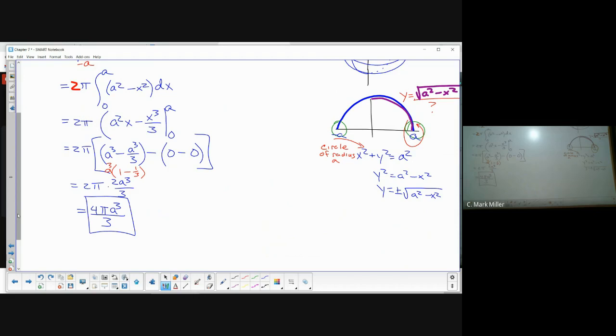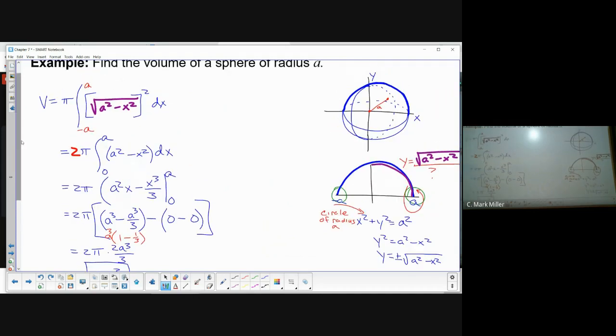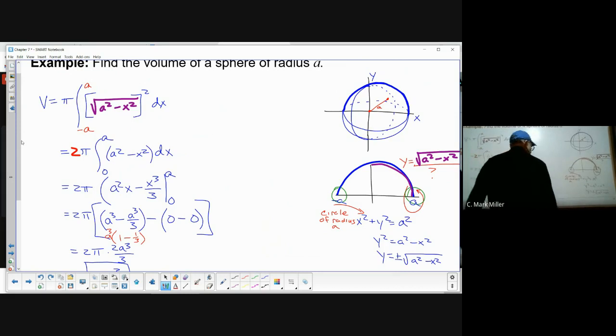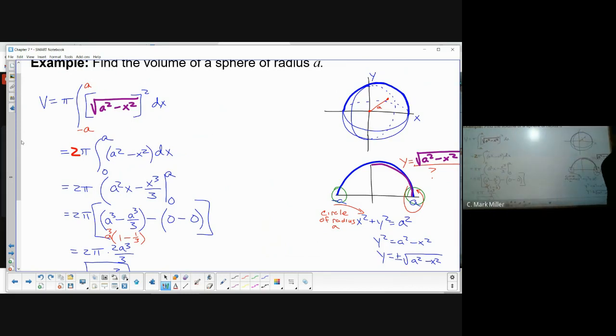So what's the takeaway from this problem? Number one, you got to know the basic equations of circles and stuff, right? By the way, a couple days ago, remember the cone problem we did?